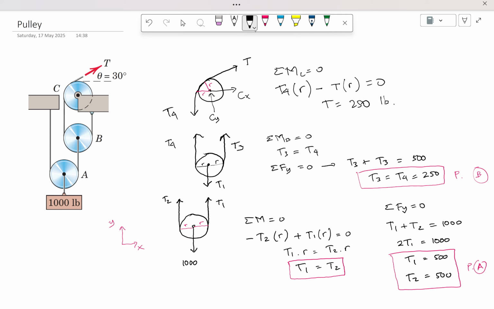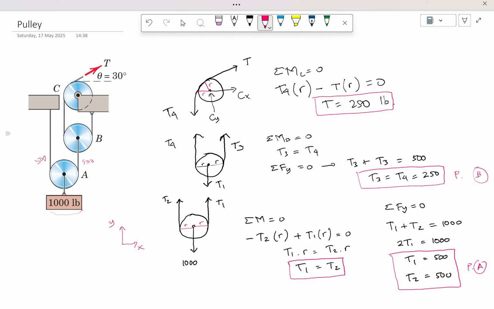Okay, it's very easy actually. That's how you solve correctly by mechanics. If you are an expert later, it's very easy. So this is 1000 because this is one rope. I mean, this 1000 divided by 2, this is 500, this is 500.